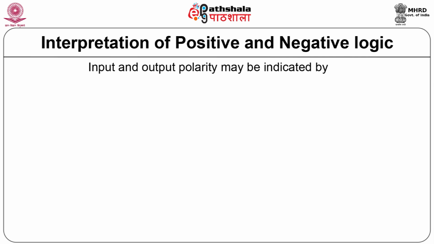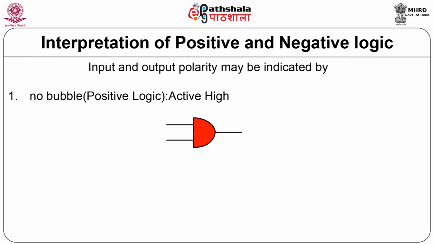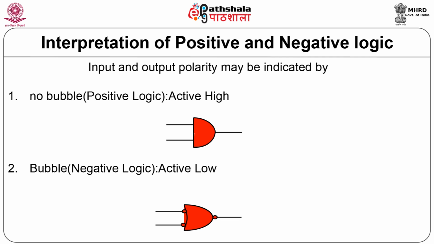So, in circuits, they are interpreted as no bubble for the positive logic, that is active high, at the input or outputs, and bubbles at the input and output for the negative logic, which is referred to as active low.